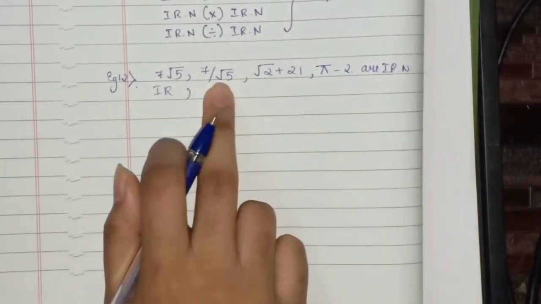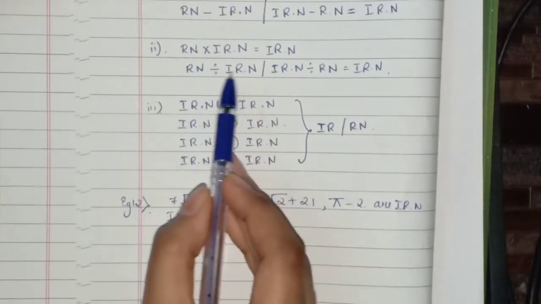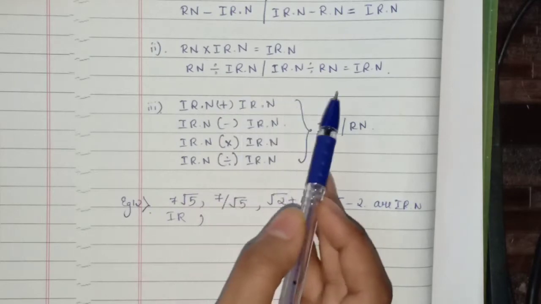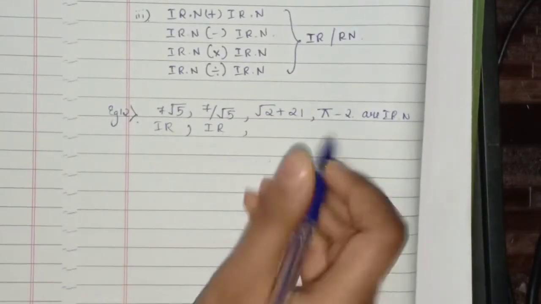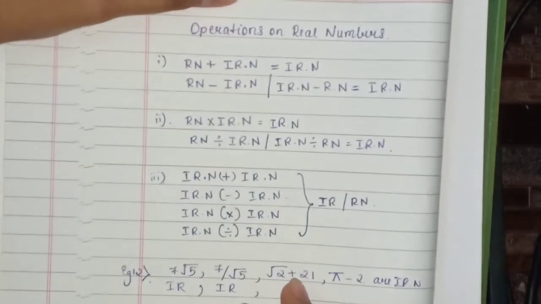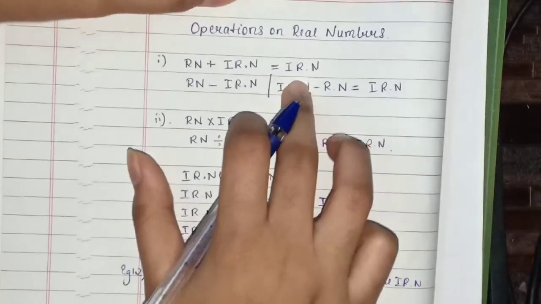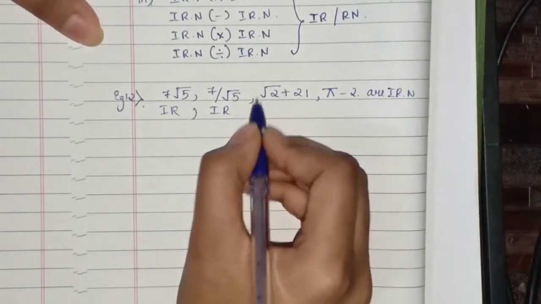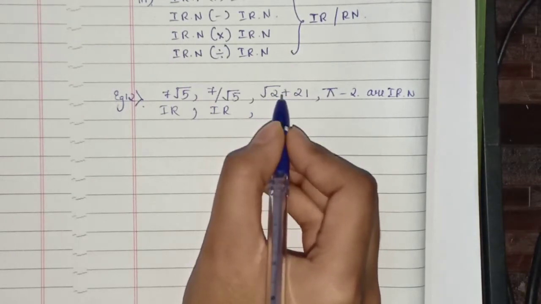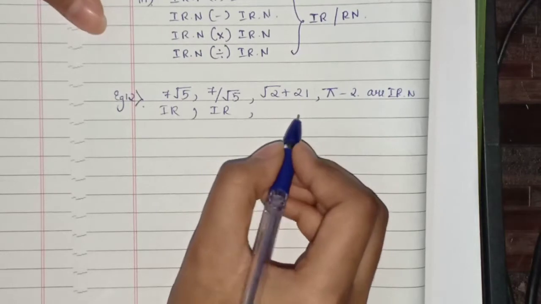And the second one, again, if you look at the basics that I've taught you, even the quotient of rational and irrational comes out to be irrational. So the second one is also irrational. The sum of irrational and rational is going to be an irrational number. See, this 21 is a whole number which is rational, whereas root 2 is the square root of a prime number 2, that is, a non-terminating, non-recurring decimal expansion.